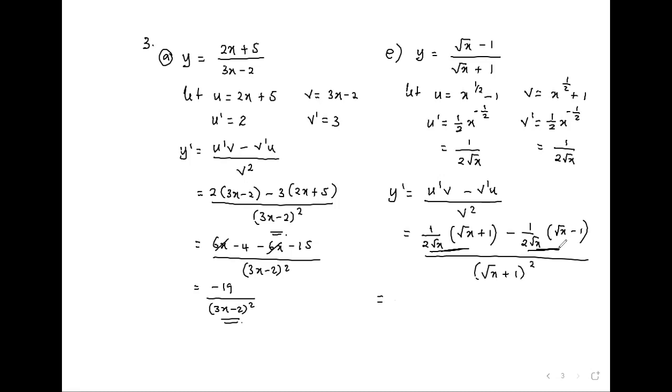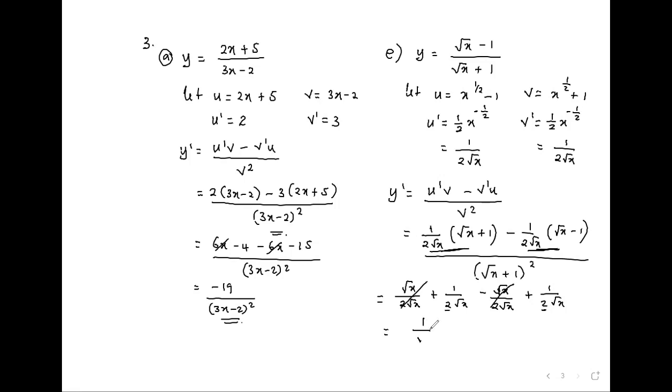what's happening here? Let's see. This is like root x over 2 root x plus 1 over 2 root x, minus root x over 2 root x plus 1 over 2 root x. Yeah, so these will cancel. Okay, and so I'm just going to have this half and that half, they give us one thing. They will be 1 over root x.